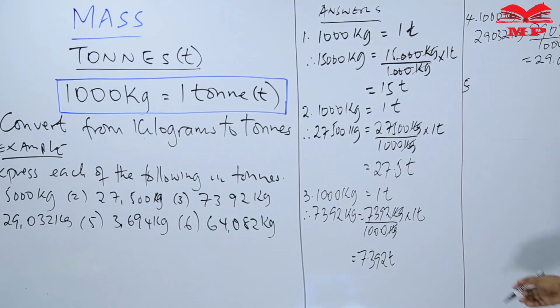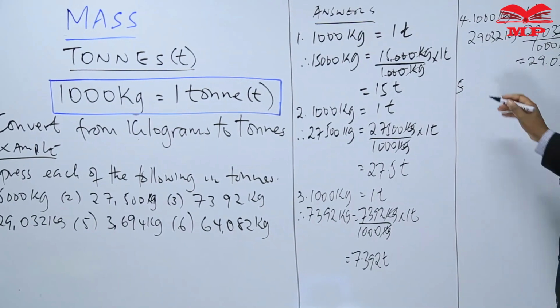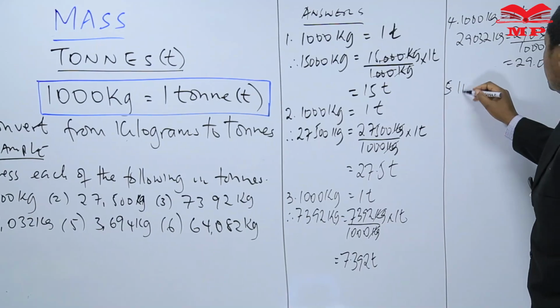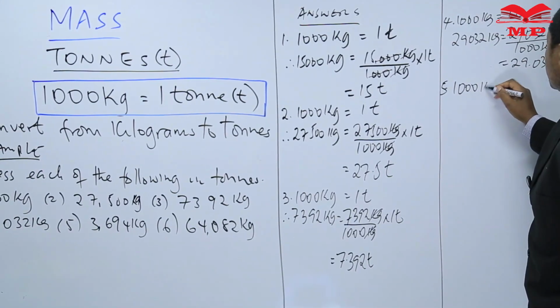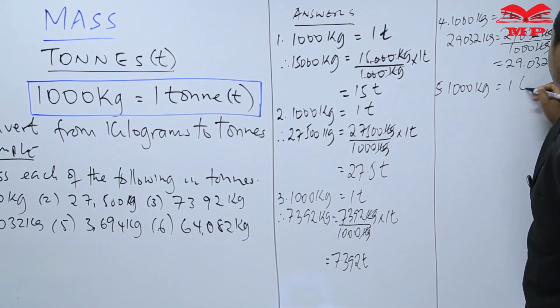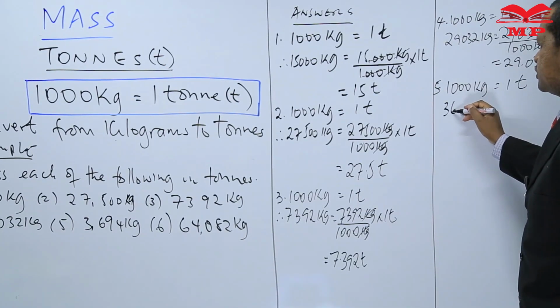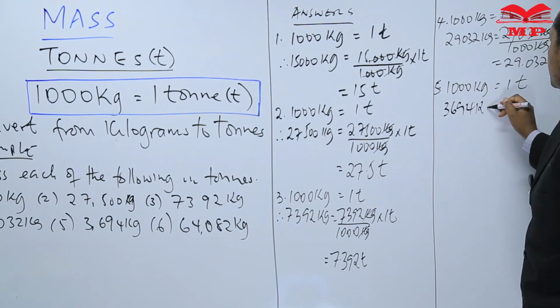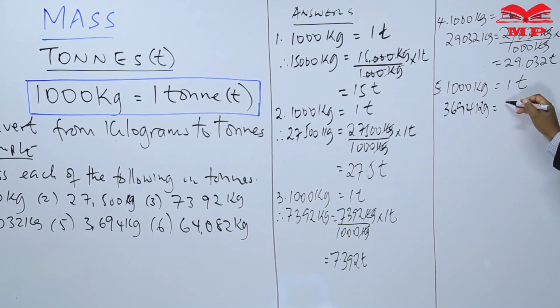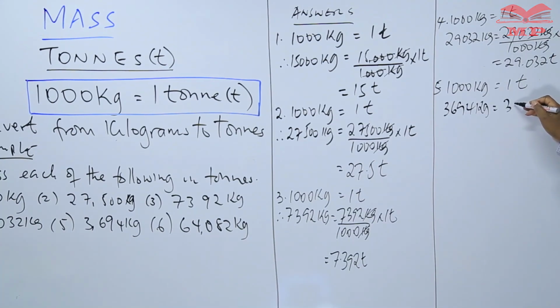3,694 kilograms converted into tons. We have the statement 1,000 kilograms is equal to 1 ton. Therefore, 3,694 kilograms will be equal to 3,694 kilograms divided by 1,000 times 1 ton.